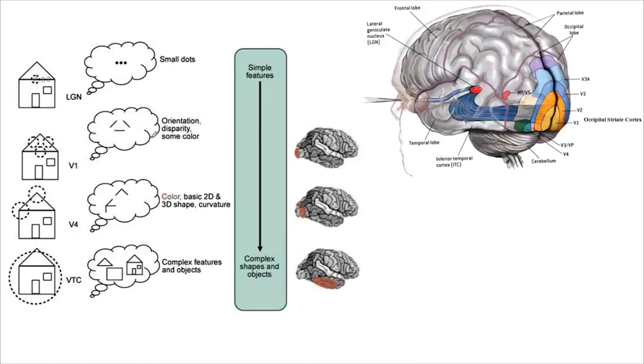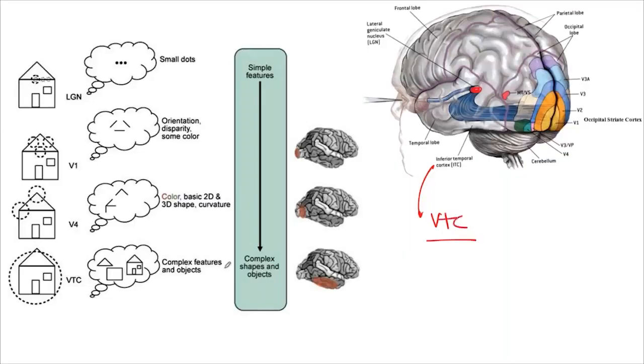Then in V1, we have mainly lines, and then orientation. Some levels of color would be perceived in V1. And then in V4, we have three-dimensional shapes, we have curvatures, we have color. And then when we go to these parts, here is named as inferior temporal cortex, but you can name it ventral temporal cortex as well, because the inferior parts are going down, so it's going to be the ventral part as well.